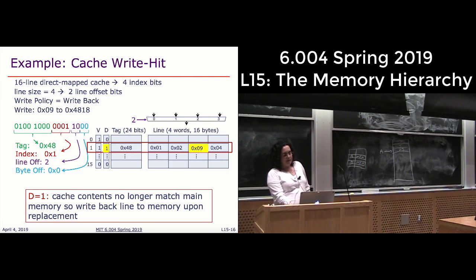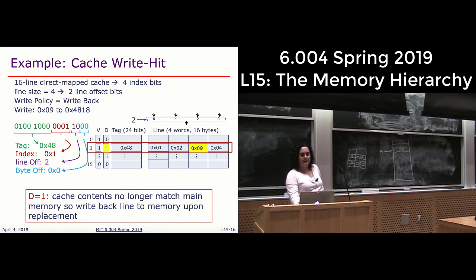And so now let's take a look at index 1 and see, does this tag in index 1 match the tag that I'm looking for? In this particular example, it does. And so I get a cache hit. And now what I can do is I can just go ahead and update the appropriate word that I wanted to update. So I'm going to update word 2 in my line, which corresponds to this location right here.